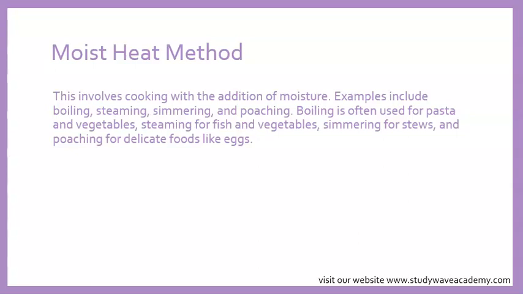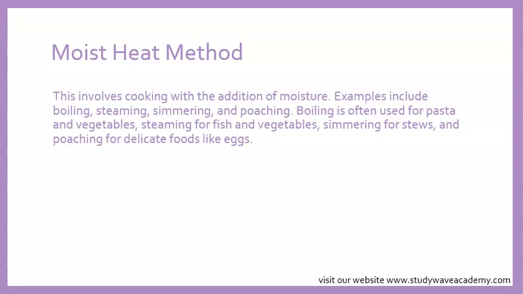And lastly, poaching. Think of it as a gentle bath for delicate foods. Poaching cooks things like eggs and fish in simmering liquid, keeping them tender. Okay? Do we understand?